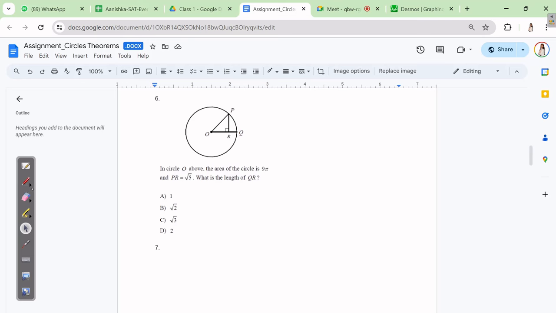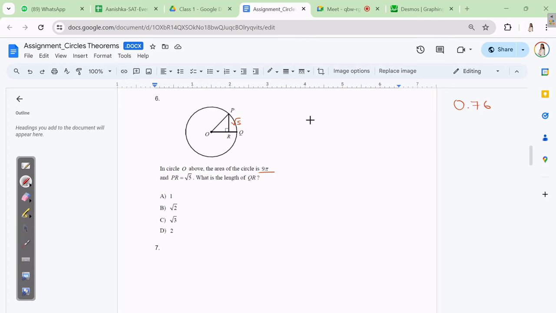Let's see. So how did you get 0.76, Anishka? Can you tell me the steps? Area of the circle is 9 pi, and PR is, okay, PR is this, that is root 5. Okay. So can you explain your steps?